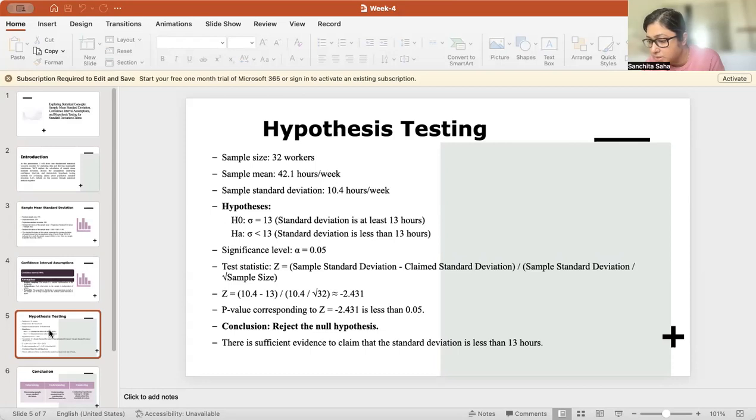This means there is significant evidence to support the claim that the standard deviation is less than 13 hours. Hypothesis testing allows us to make data-driven decisions and draw conclusions about population parameters based on sample data.